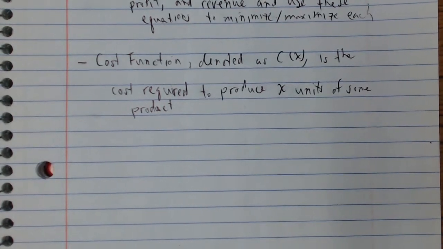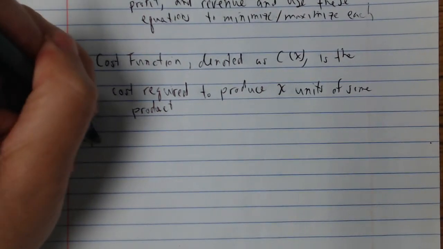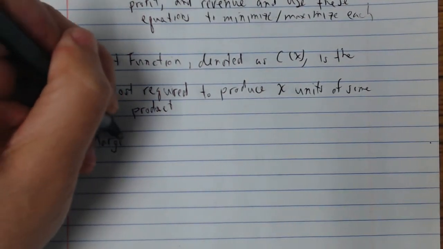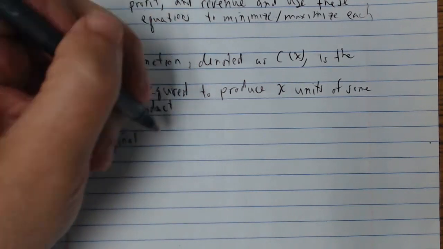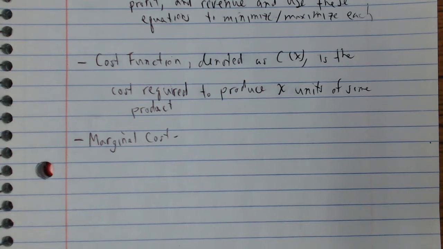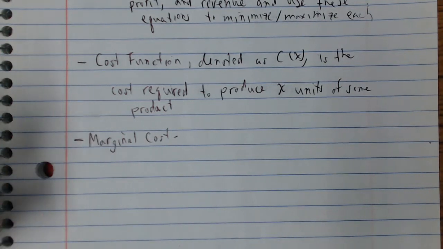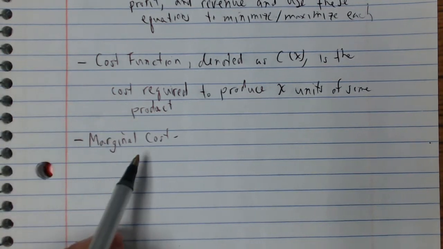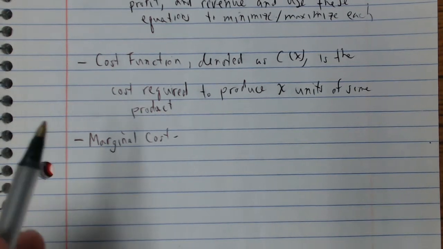Okay, so the next thing we're going to define is the marginal cost. Now, we may not have talked about marginal cost in this class, but marginal cost is simply finding the derivative of the cost function. So anytime you hear marginal something, that's where we're trying to find the derivative of that function. So if I ever say find me the marginal cost, we're literally talking about finding the derivative of the cost function.